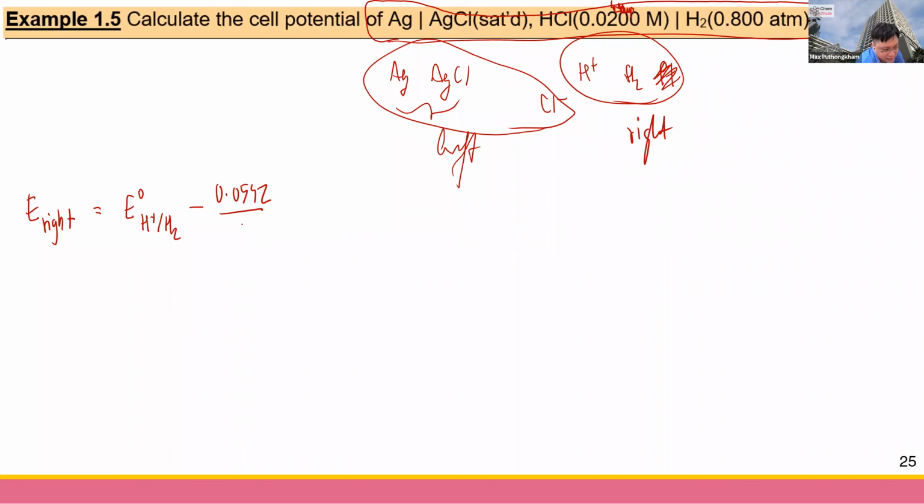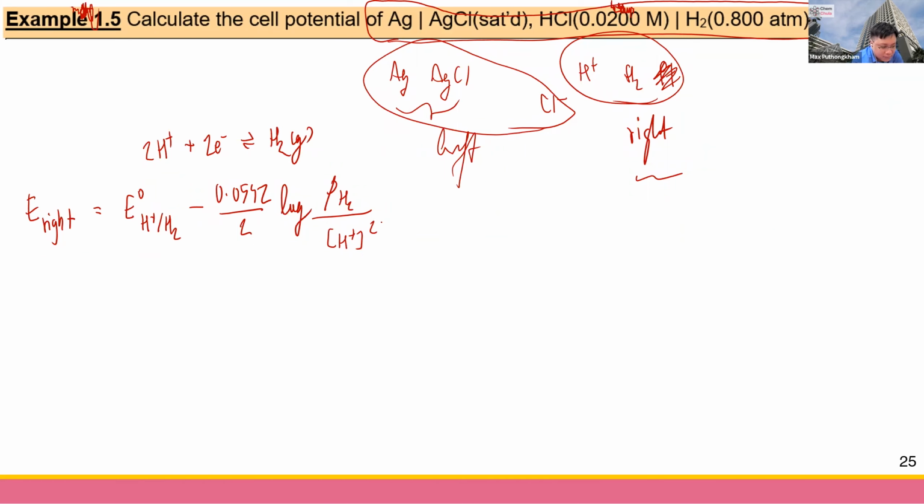You will get that n is 2, and log. And hydrogen is a gas, so you need the pressure instead: the pressure of the hydrogen gas over the concentration of proton squared.